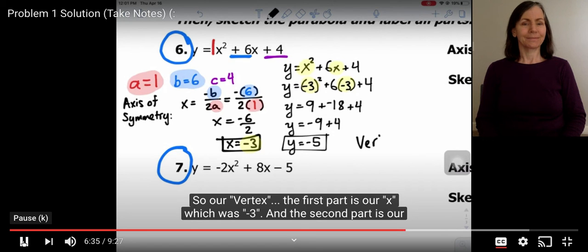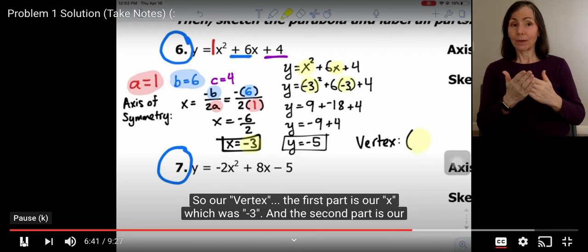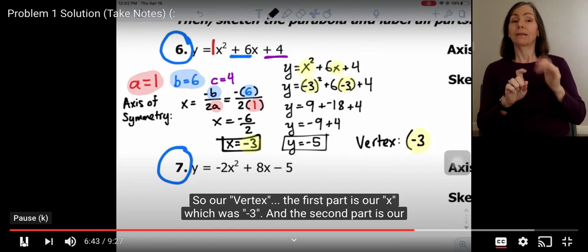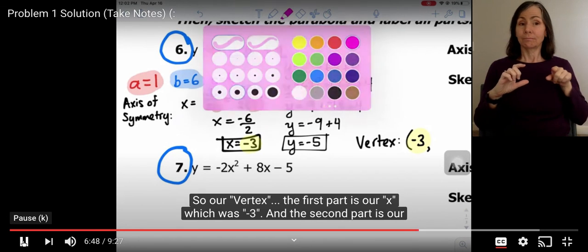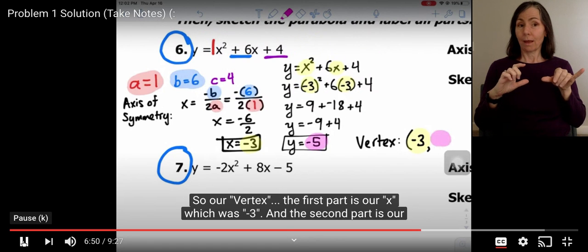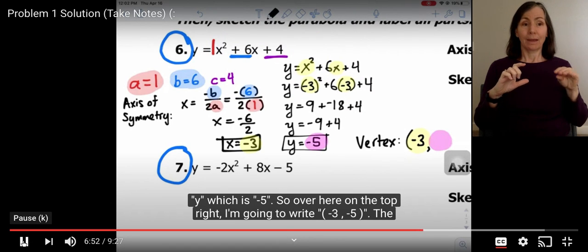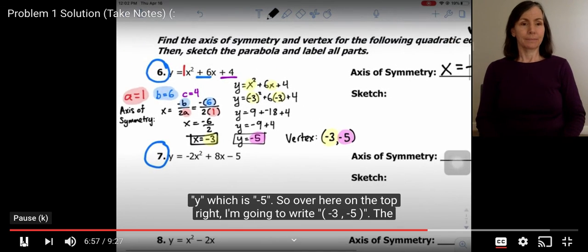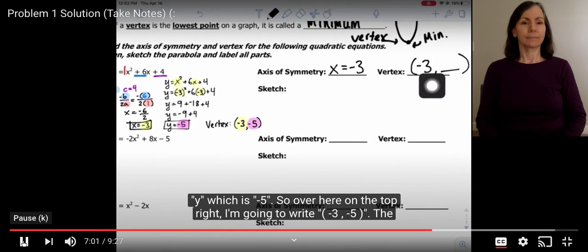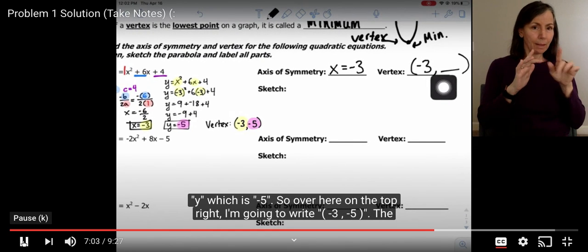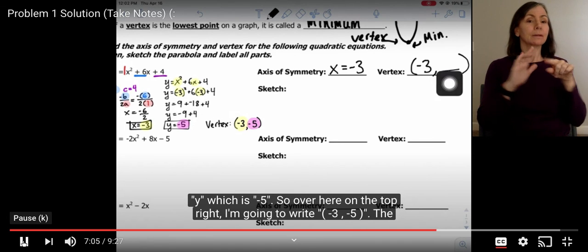So our vertex, the first part is our x, which was negative 3. And the second part is our y, which is negative 5. So over here on the top right, I'm going to write negative 3, negative 5.